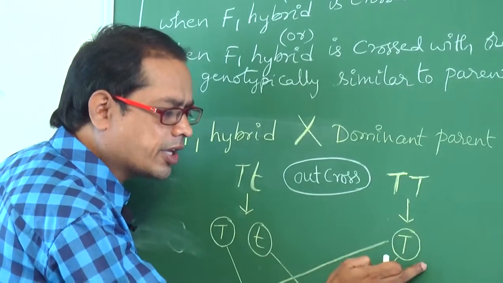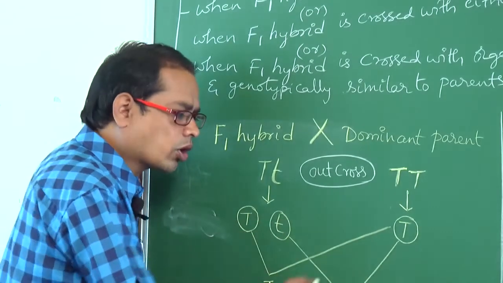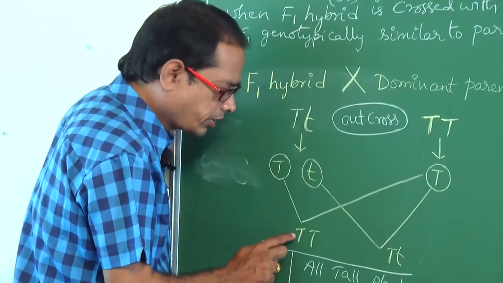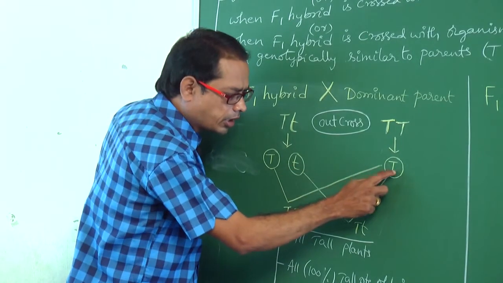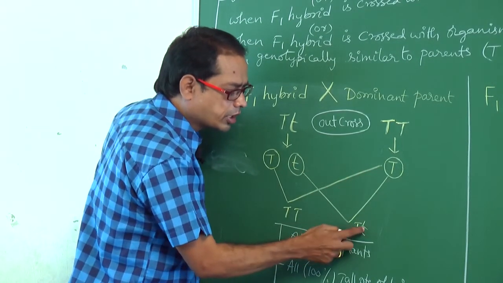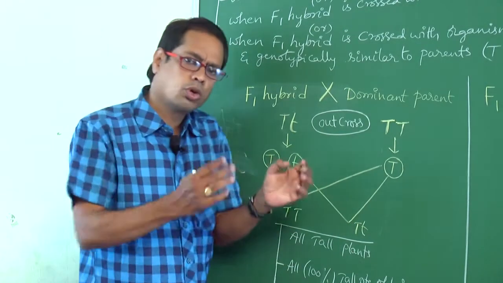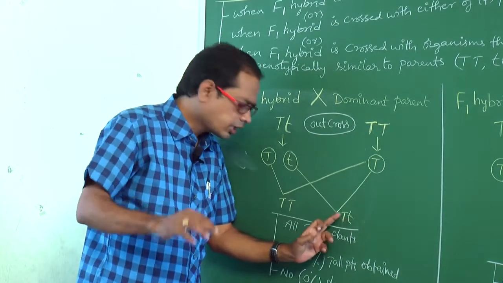Homozygote produces how many kinds of gametes? Capital T. That means we have to cross each other. Capital T crossed with capital T gives capital T, tall plant. Small t crossed with capital T gives capital T, small t, or small t, capital T. Both are the same.